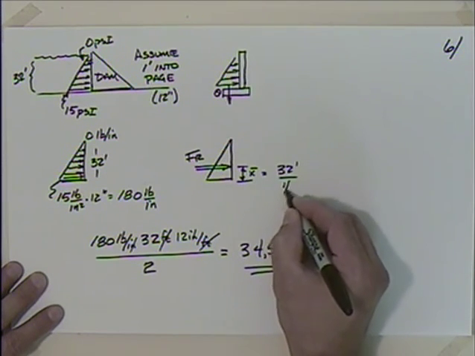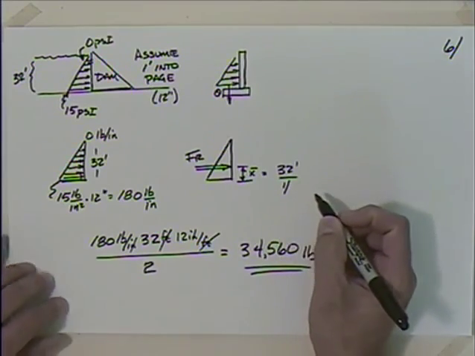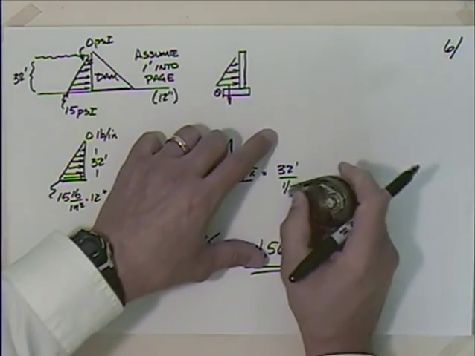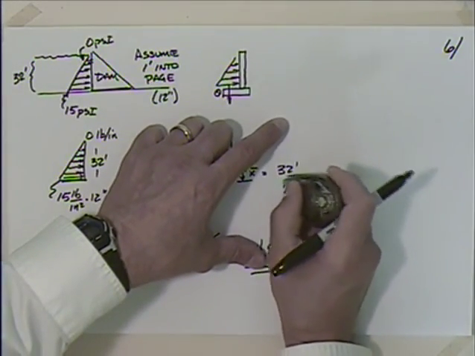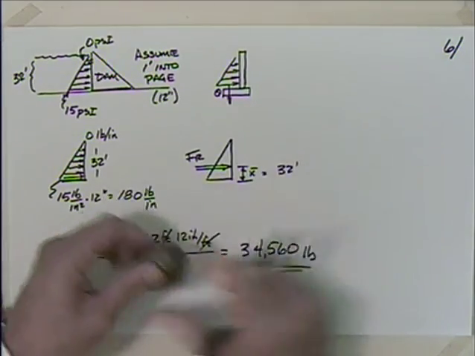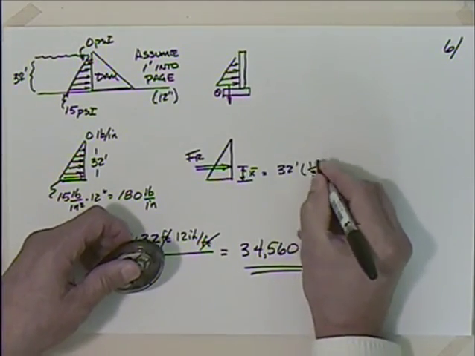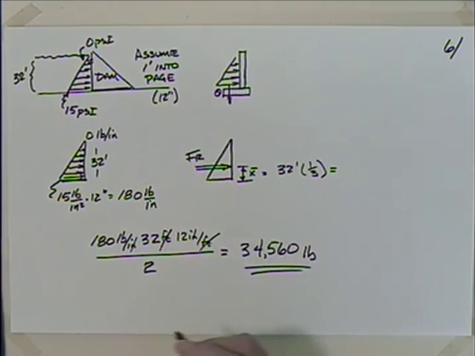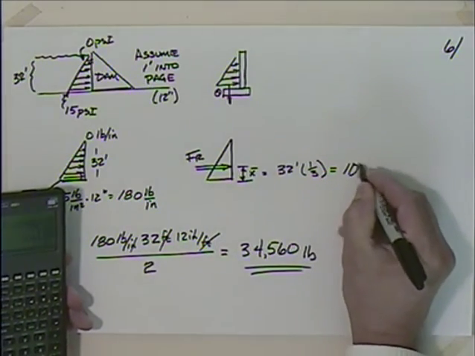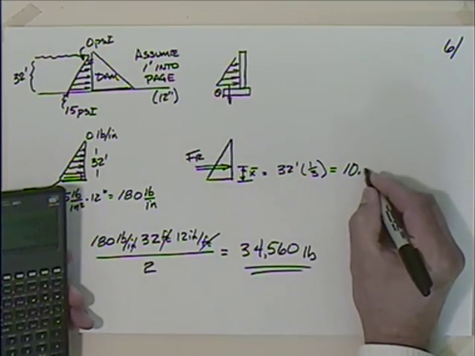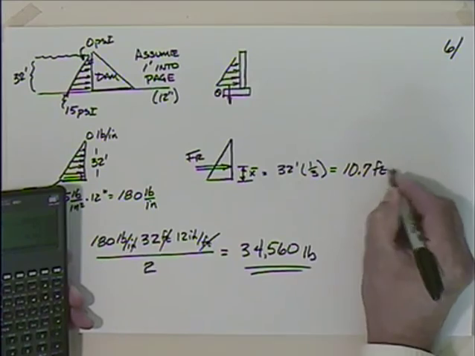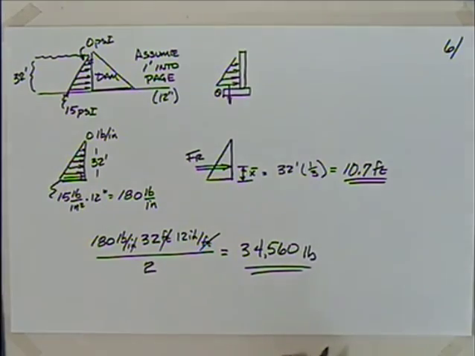So I'm just going to take this and divide by 3 or multiply by 1/3. 32 feet times 1/3 gives me 10.67. Let's say 10.7 feet. So with those two numbers, I could start to design this thing.